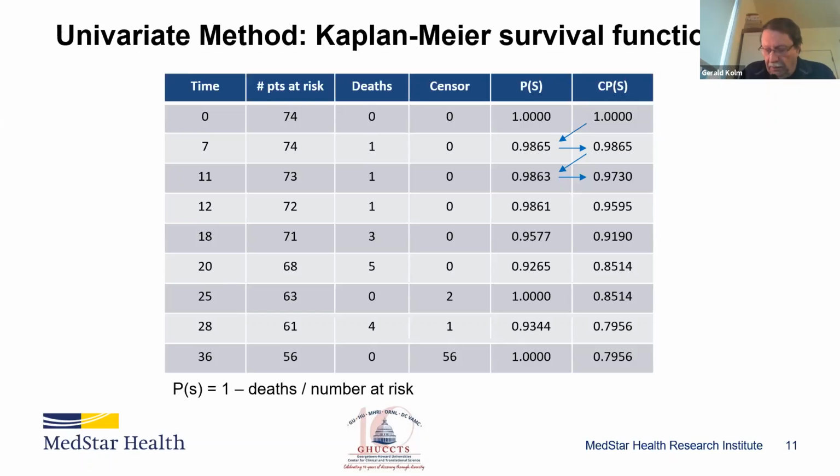And so we continue like this all the way through our table here. And so we come out with our 3-month survival being almost 80% for this particular cohort. So that's the way that the Kaplan-Meier survival function is calculated. It's fairly straightforward.